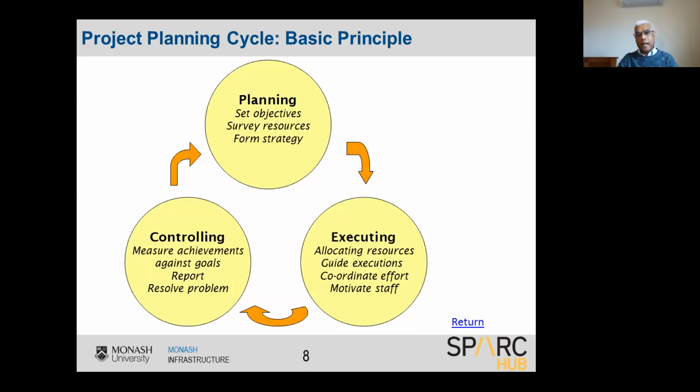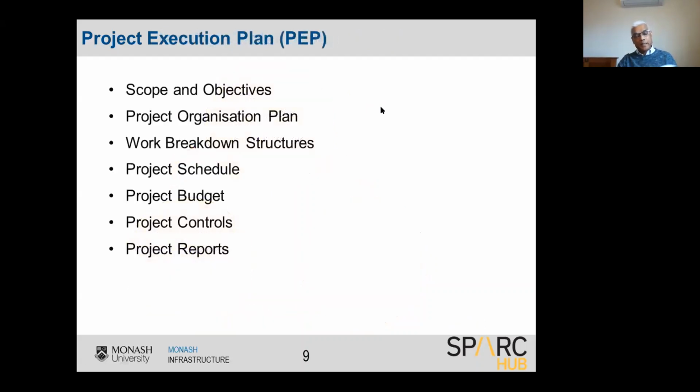So once you plan, especially the processes, you document it. So that comes the project execution plan. Usually the plans are documented, and the usual practice is the project execution plan.